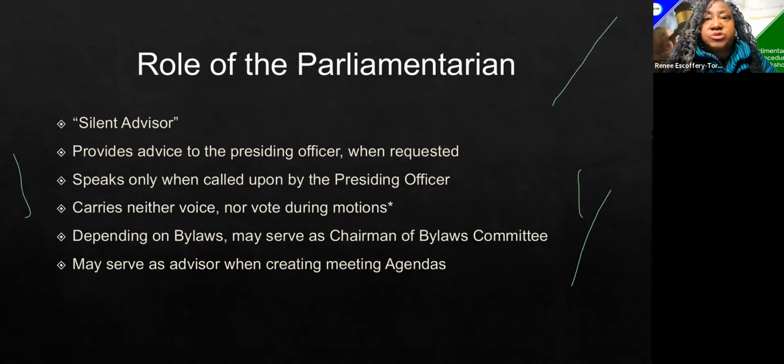She or he knows that you have to have a 2/3 vote, or you have to publish in advance of the meeting what those bylaw changes might be, to give people an opportunity to go over them. So that's why it makes sense that a lot of times the parliamentarian serves as the bylaws chairman, and also serves as an advisor when the presiding officer is creating a meeting agenda.